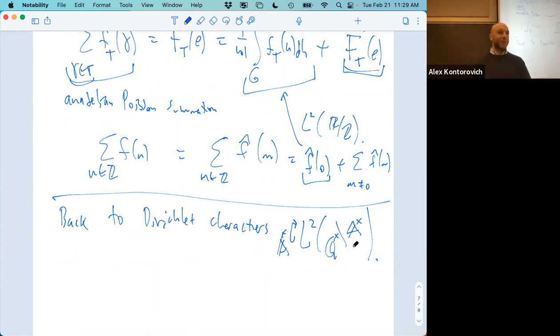Now this is abelian, so we're only going to have one-dimensional subspaces. And so those will be basically parametrized by Dirichlet characters. That's what we're building up to.